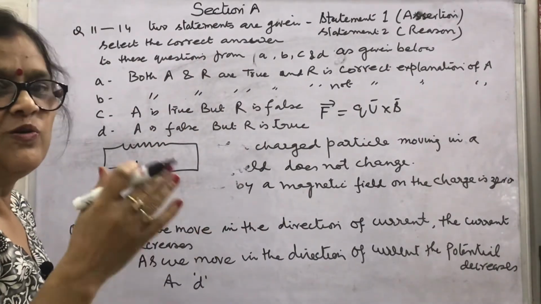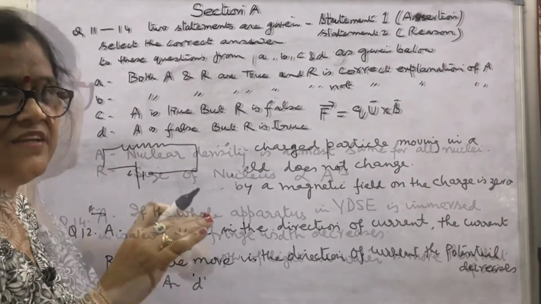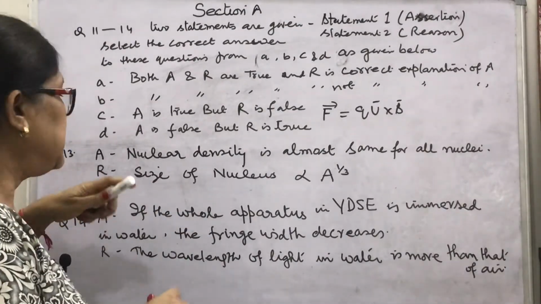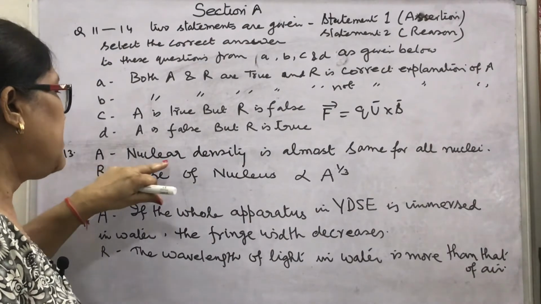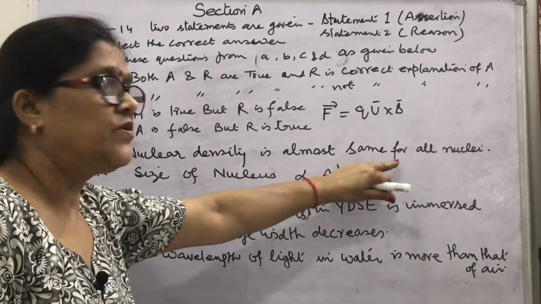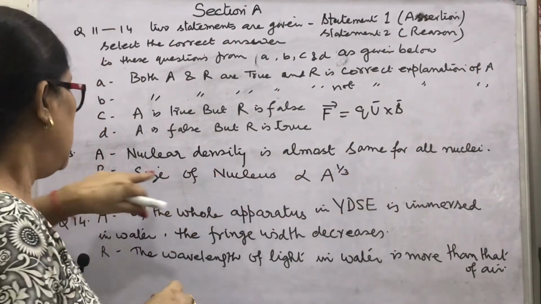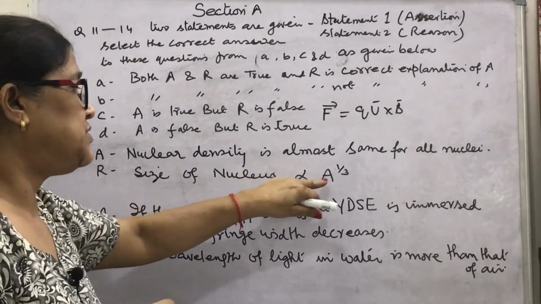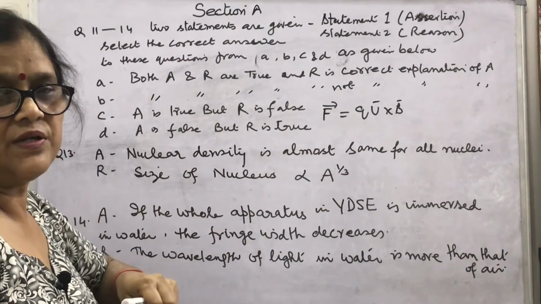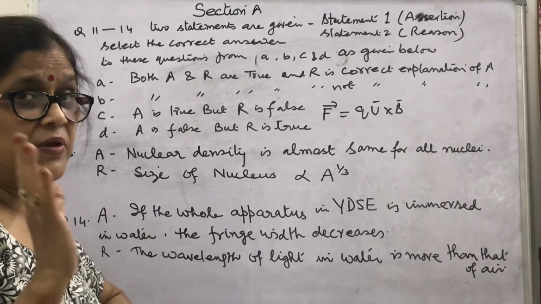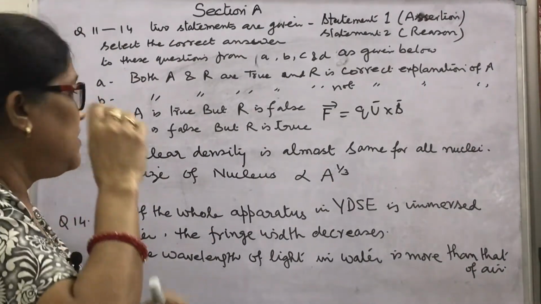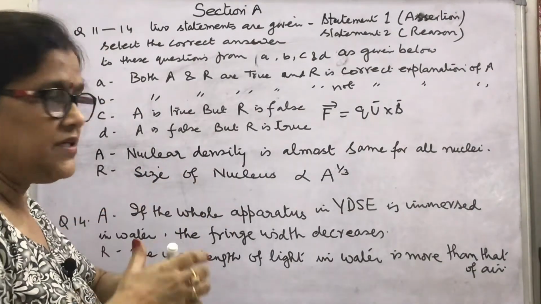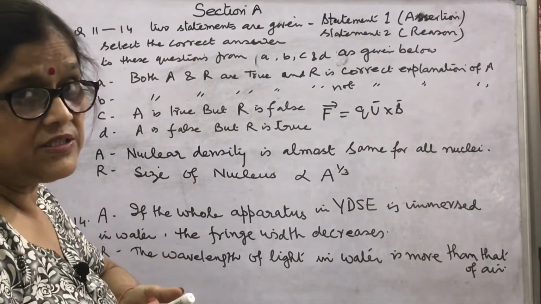Let us see questions 13 and 14. In question 13, the first statement, assertion, is nuclear density is almost the same for all nuclei. Second statement, size of nucleus is proportional to A to the power 1 by 3. Now in the topic nuclei, we have seen how the nuclear density is given.